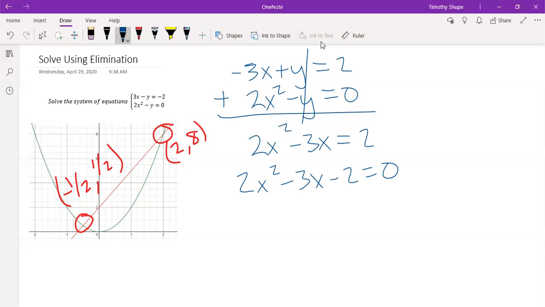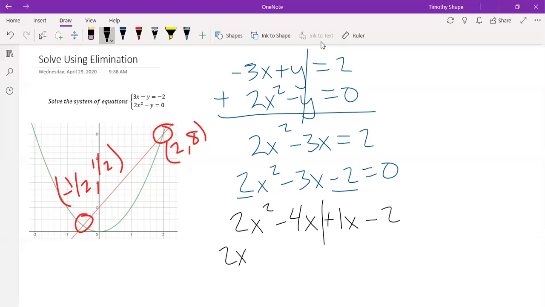I've got factors of 2 times -2, which is -4, that need to add up to -3. So I can split that up and say 2x squared minus 4x plus 1x minus 2, which allows me to group this. I can pull out a 2x, and I will have x minus 2 left over.